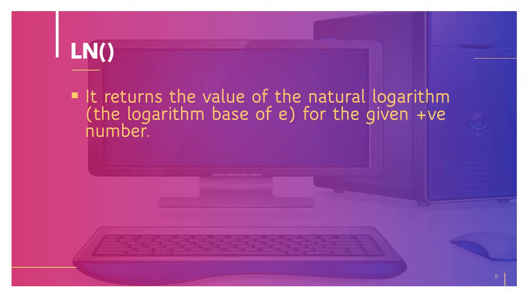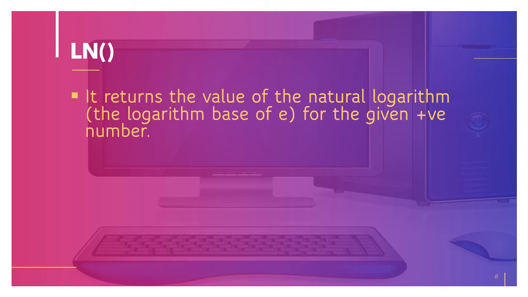ln returns the value of the natural logarithm, the logarithm with base e, for the given positive number. Means if you want to calculate the natural logarithm, the log having the base of e.